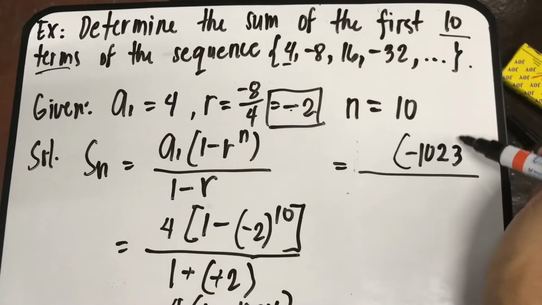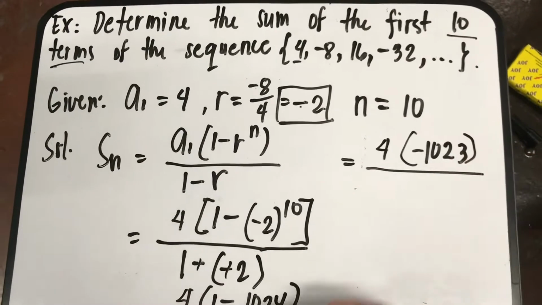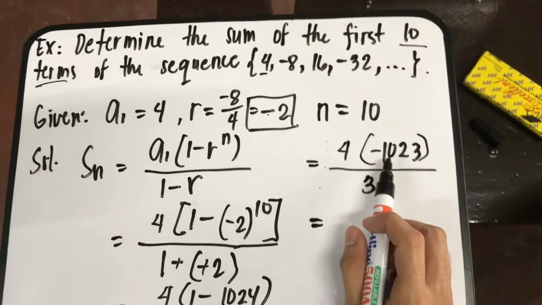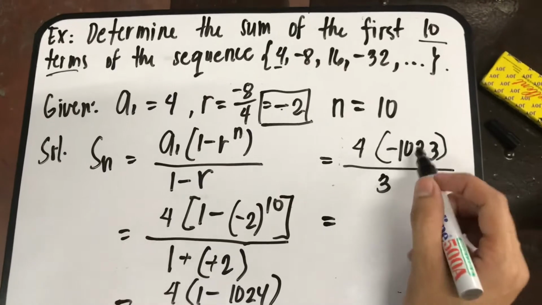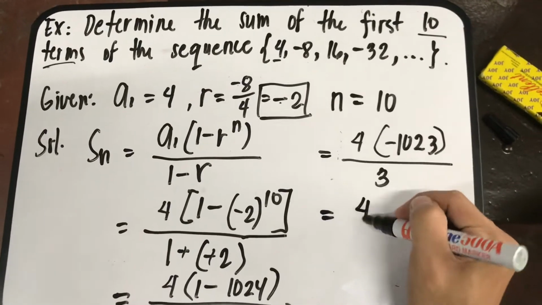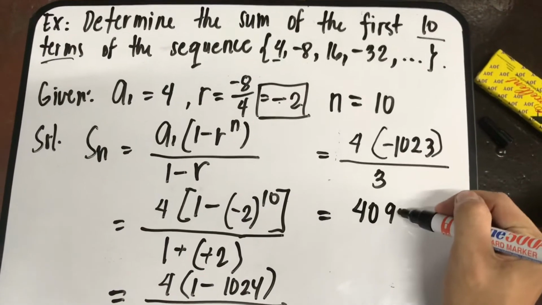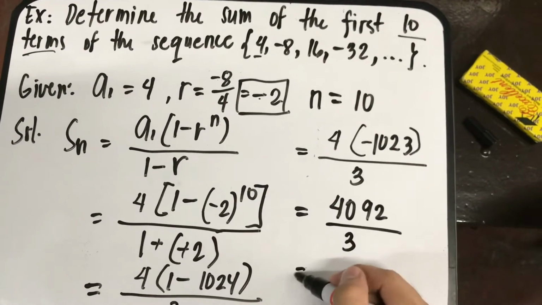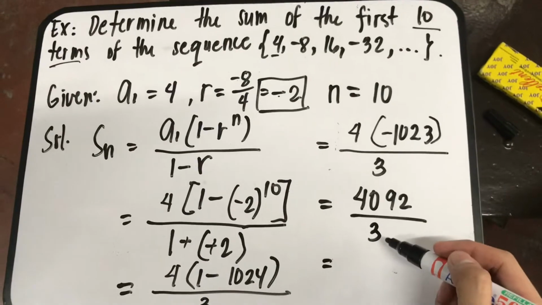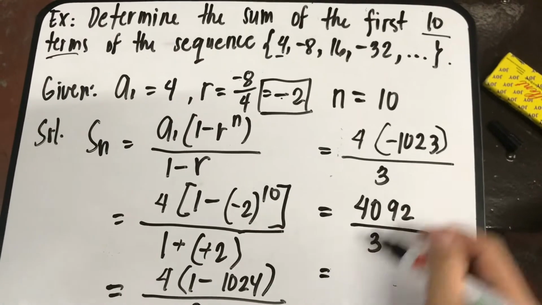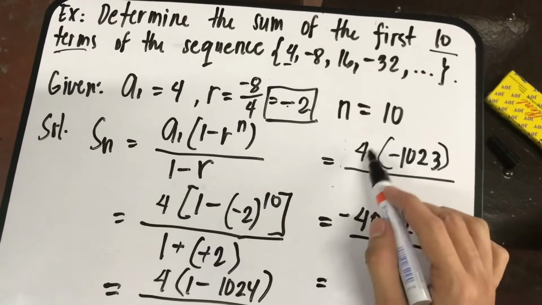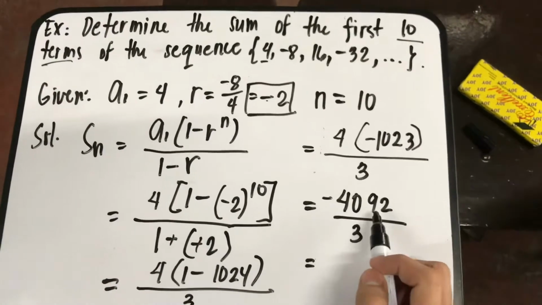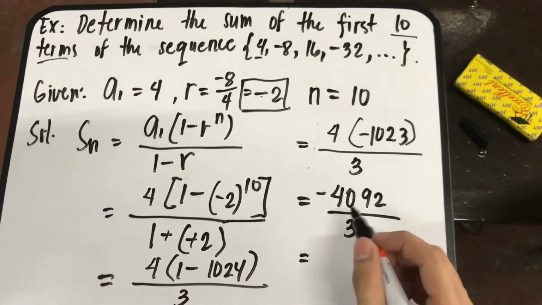Times 4 over 3. 4 times negative 1023, that is negative 4092, divided by 3.